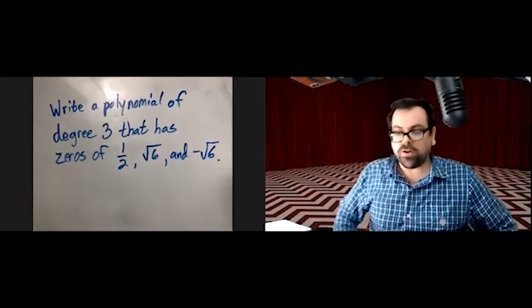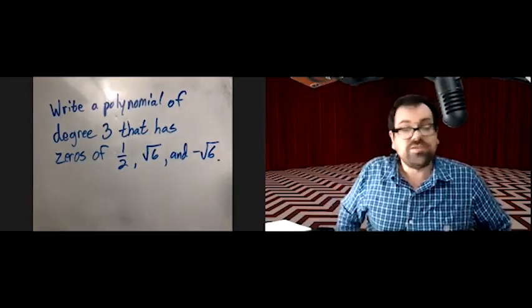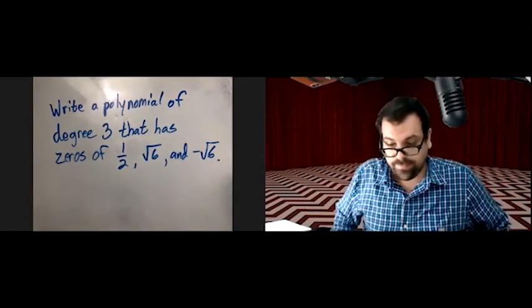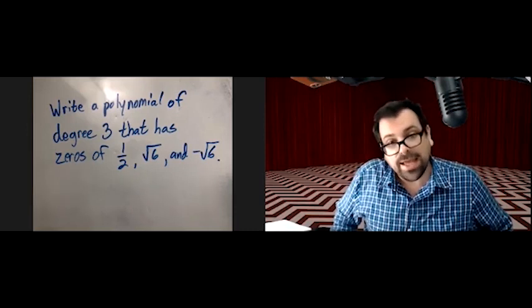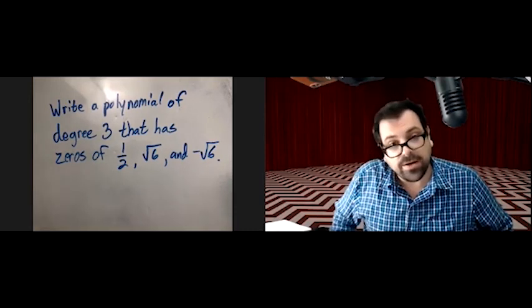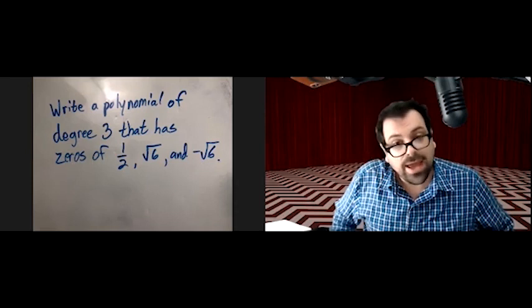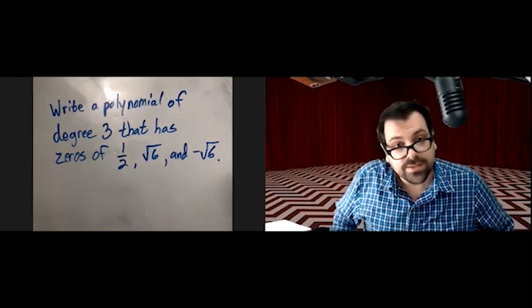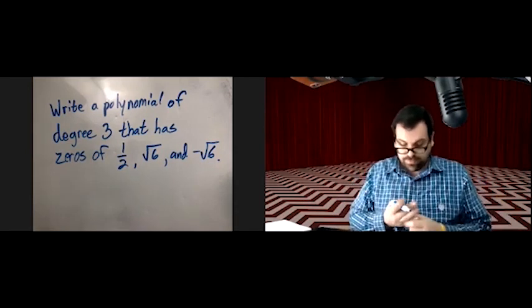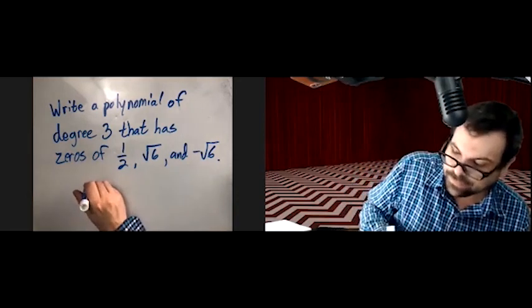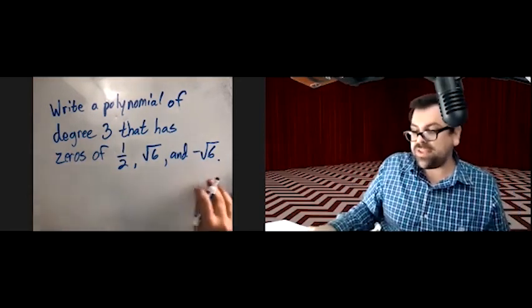Okay, we want to write a polynomial of degree 3 that has zeros of 1/2, radical 6, and negative radical 6. So here's what we do. We build this backwards.